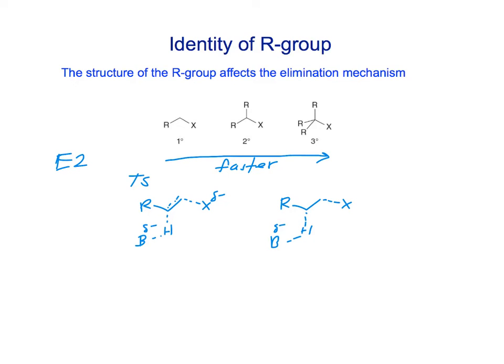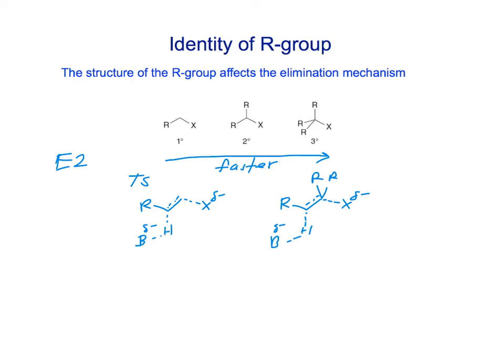Delta minus here and delta minus here, but what we've left off is that we would have two additional R groups at this position, at the position where the leaving group was attached. Now remember the relative stability of different alkenes.